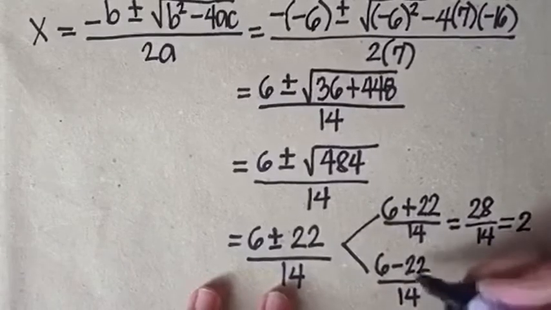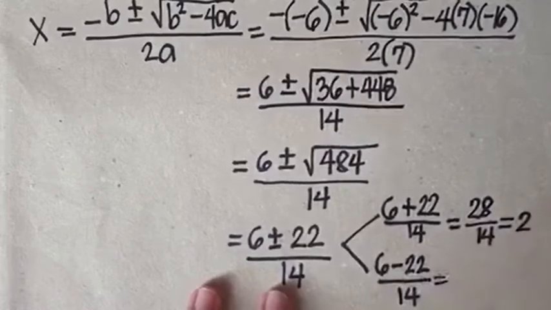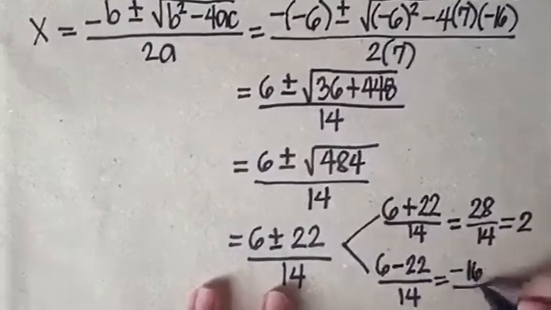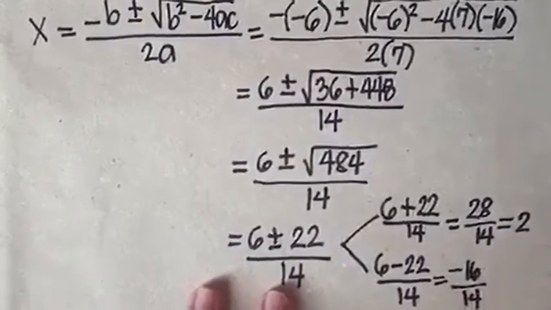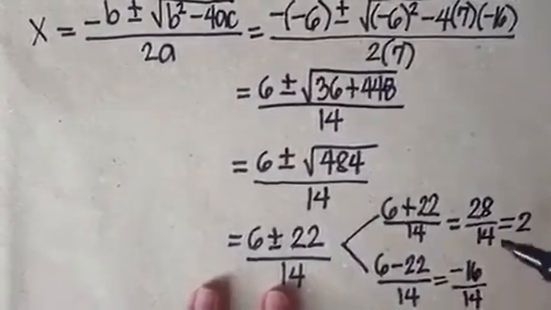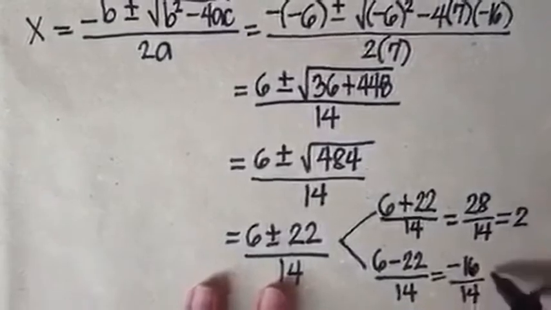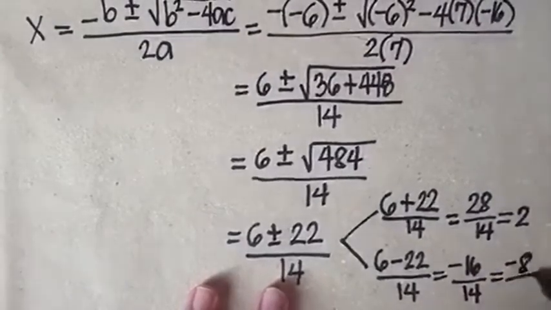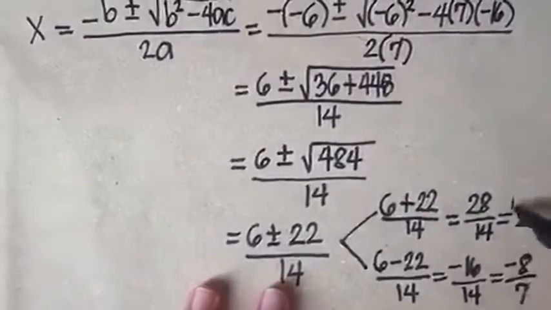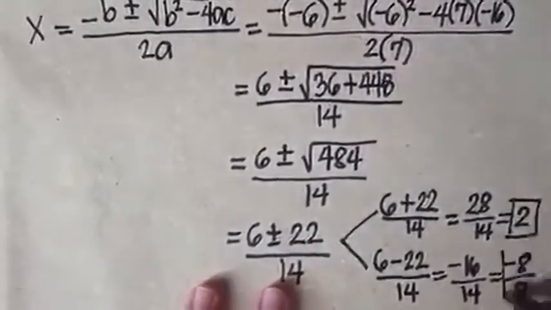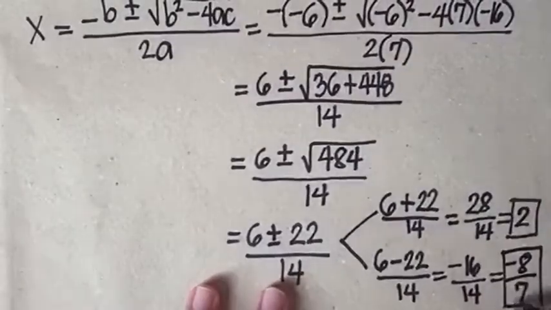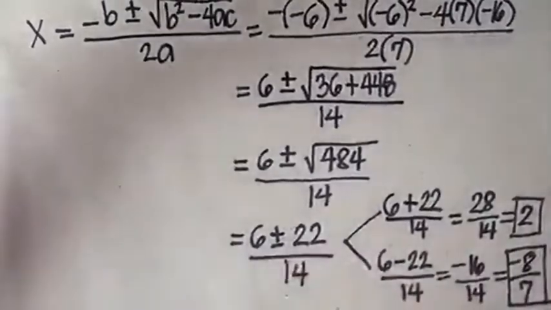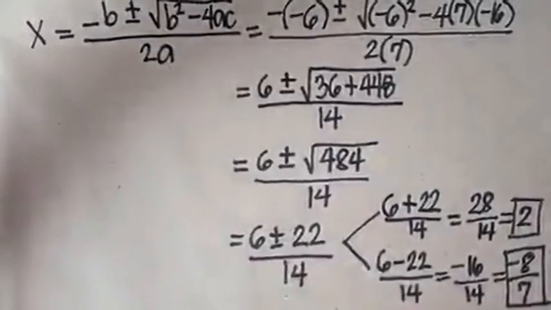While 6 minus 22, we have negative 16 over 14. Then simplify natin yan since the GCF is 2. So therefore, we have negative 8 over 7. So etong dalawang to, 2 and negative 8 over 7, is our roots or the solved values for x.